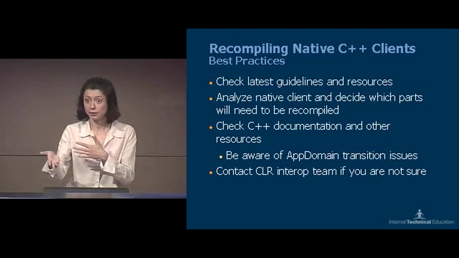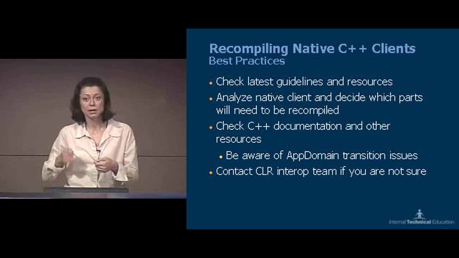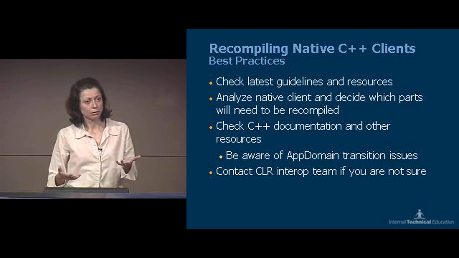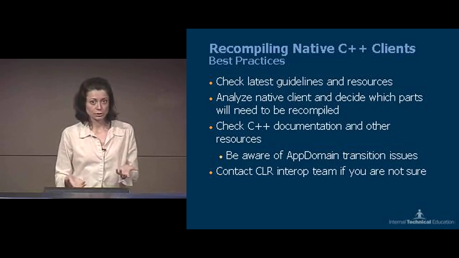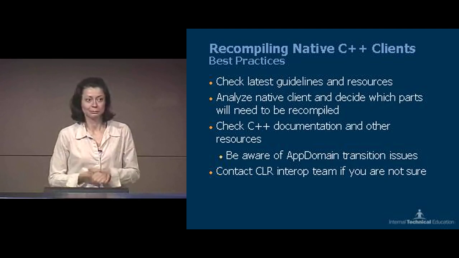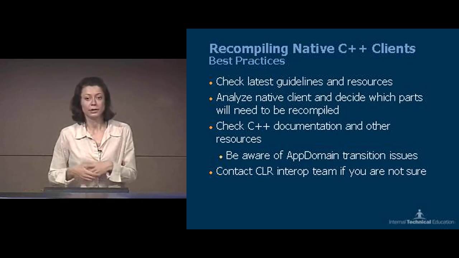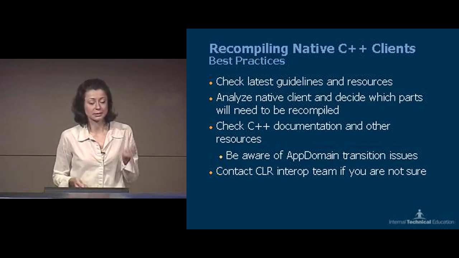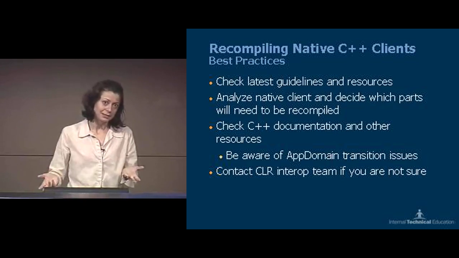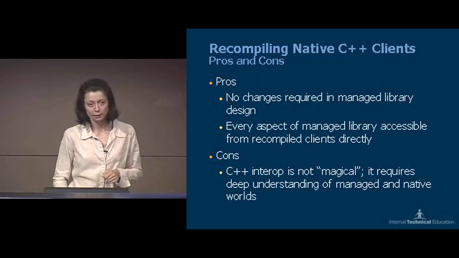Maybe that's not something you want. Maybe you want to go to some other subdomain, and currently there is no good way to specify directly which subdomain you want to go into. So if you know this will be your situation, please contact me, and I will find you the latest resources and guidelines. And the C++ team is also very busy adding new features to the C++ language, so you will be able to specify relatively easily which subdomain your code needs to go into. Okay?